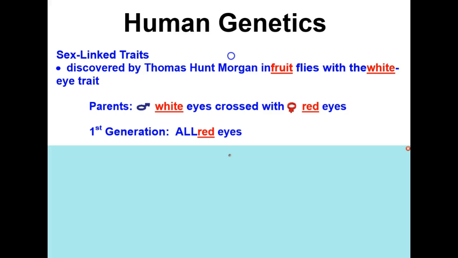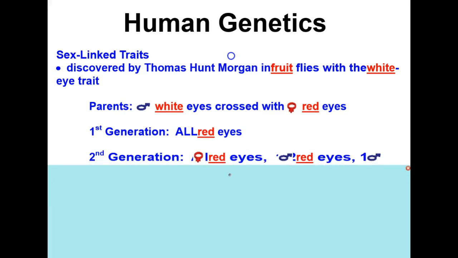However, in the second generation, when those red-eyed fruit flies crossed, all the females had red eyes, but half of the males had red eyes, while the other half of the males had white eyes.